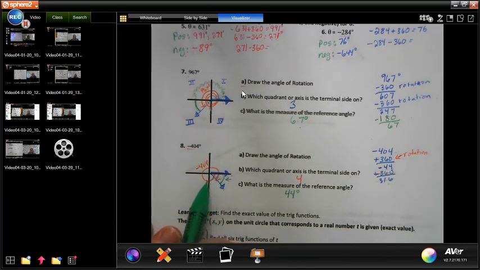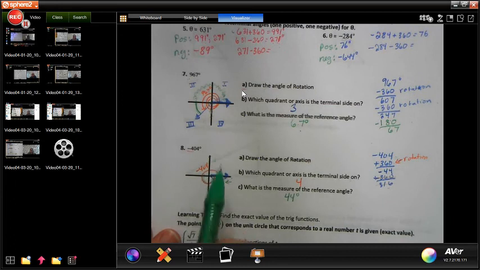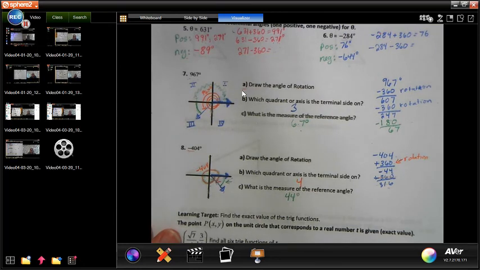So this is 404 degrees total, and we had to get rid of, now I'm not talking about negative, we're just talking about the degrees, not the direction. The negative is the direction. So I have to get rid of a full circle, and once I get rid of the 360 degrees, I have 44 left for that part. So that gives me 44 degrees for my reference angle.